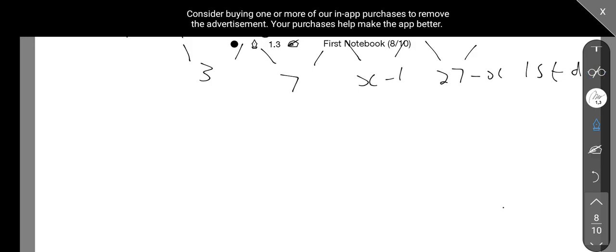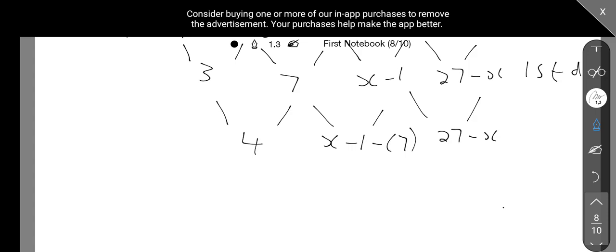So the second differences are going to be 7 minus 3, which gives us 4. Then x minus 1 minus 7. And here we're going to say 27 minus x minus (x minus 1).